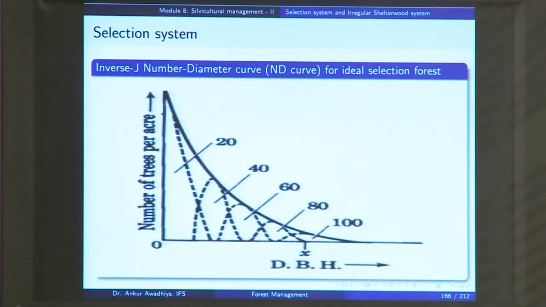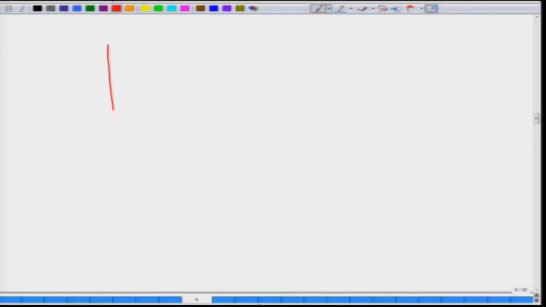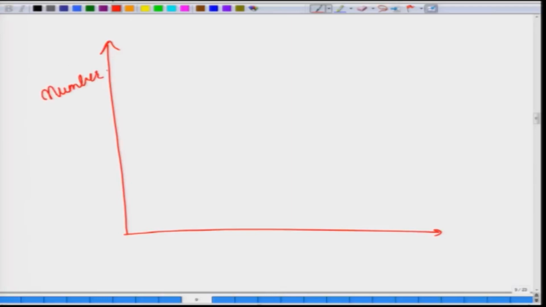Now, this ND curve for an ideal selection forest, it is coming from a combination of a number of even aged stands. So, what is happening here is that if you consider an ND curve that looks like this. So, here you have the number and here you have the DBH. Now, if you consider a stand that is an even aged stand, how will the ND curve look like?